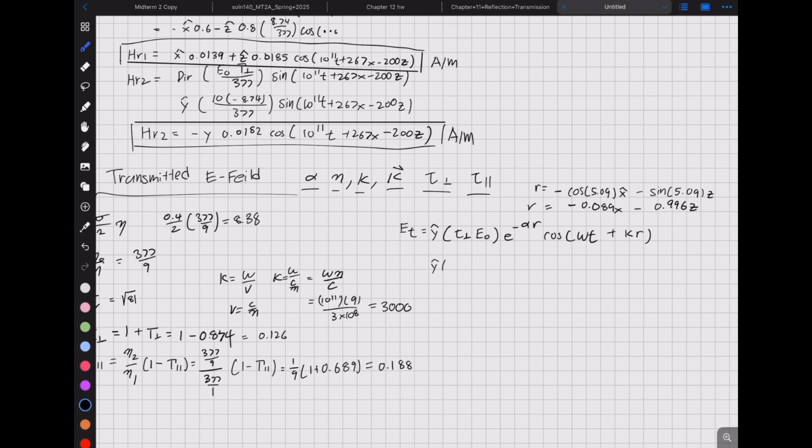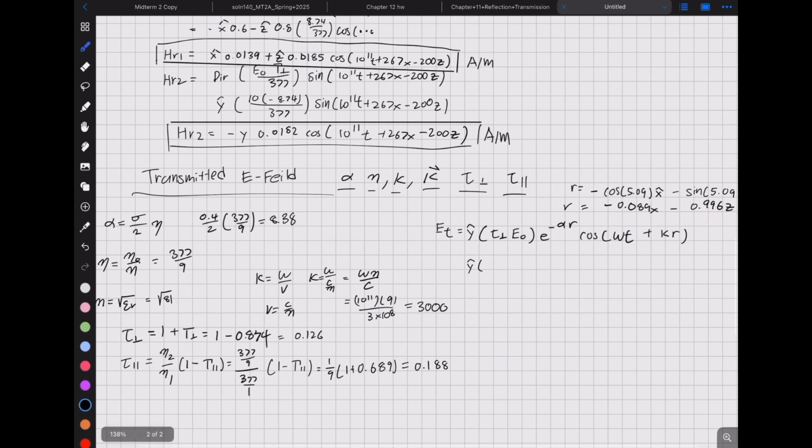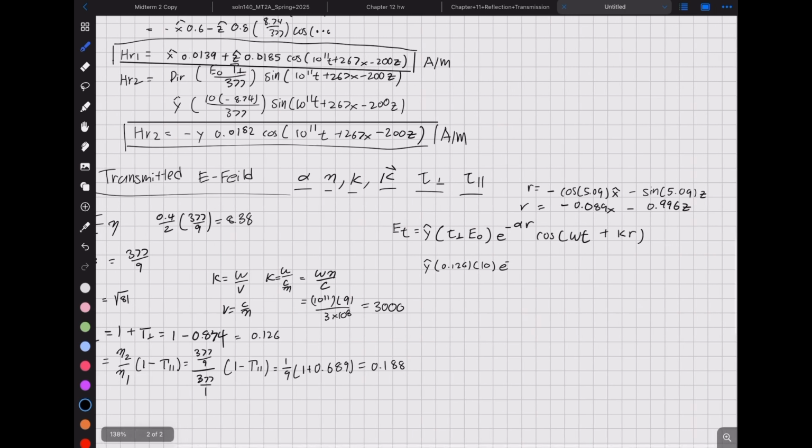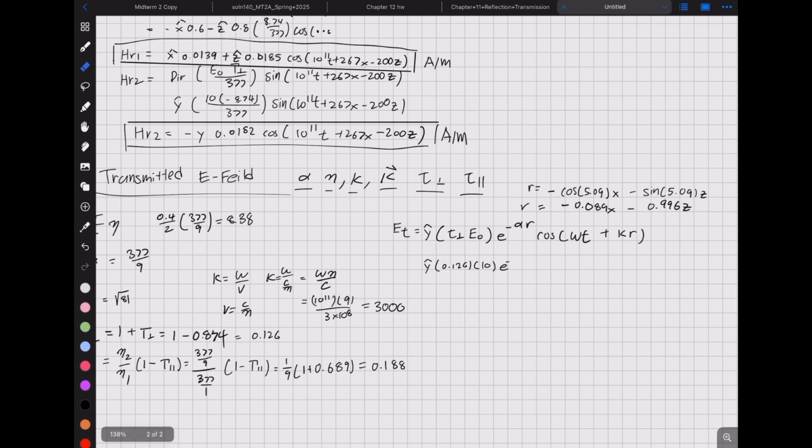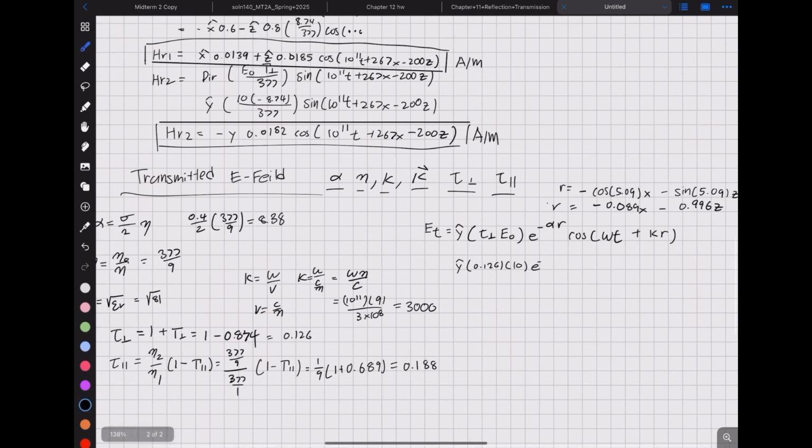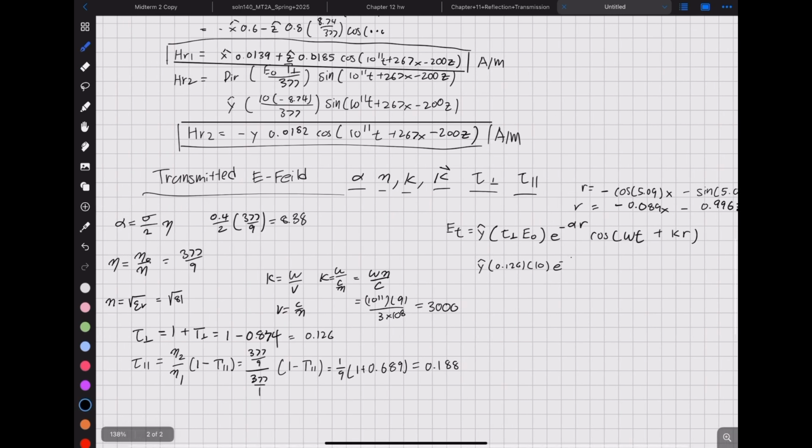So y hat, we're going to have tau perpendicular of 0.126 multiplied by 10. Our attenuation constant, which is, no, there should be no hat here actually. And so an attenuation term of 8.38.